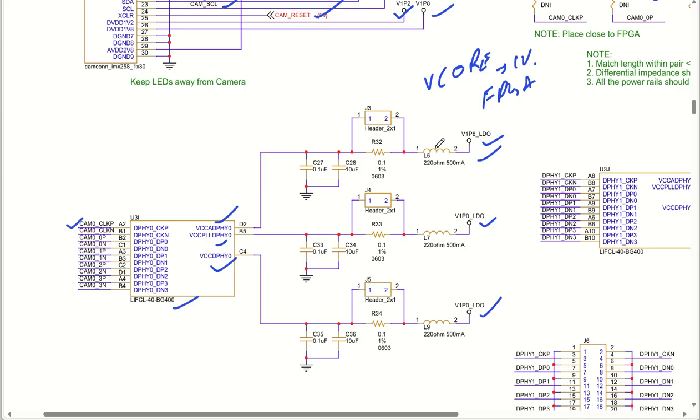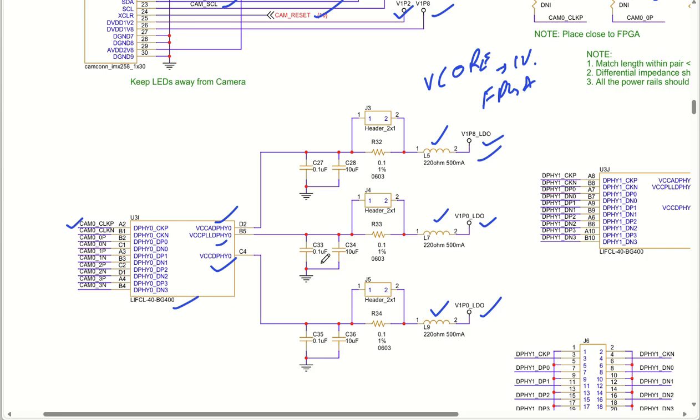You can see the power supply is filtered through the ferrite bead as well. There is also a 0.1 ohm resistor, which you can use to measure the current if you want. Otherwise it just provides a simple impedance line.